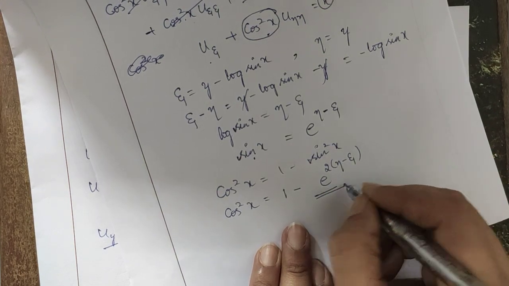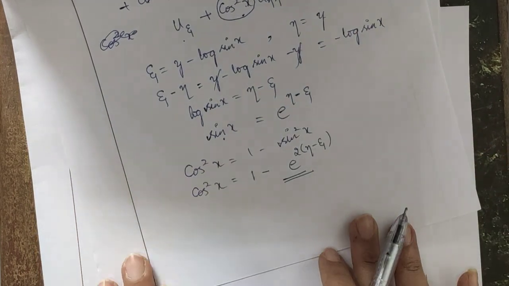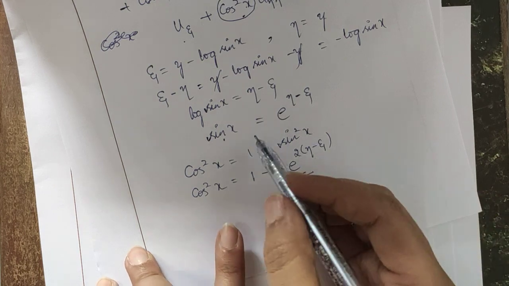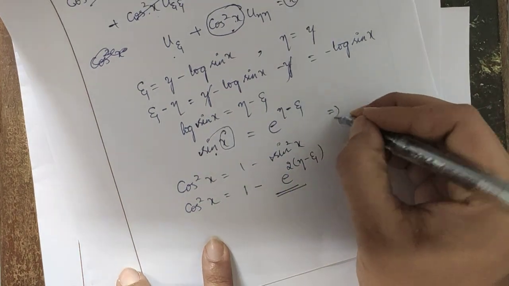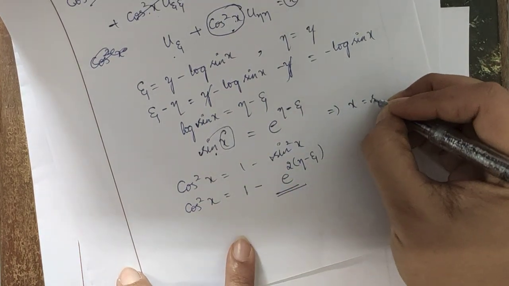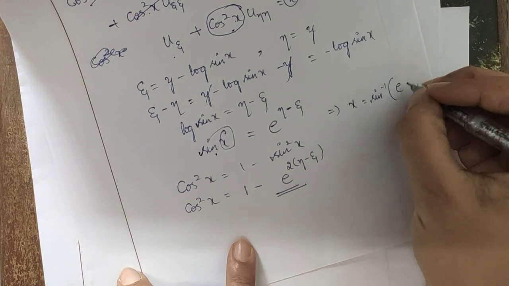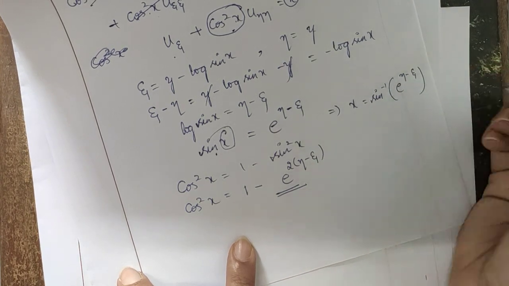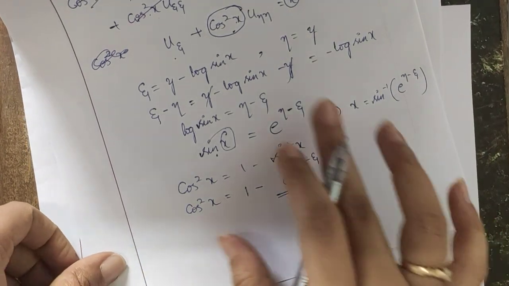So substitute this here and the value of x will be sin inverse of e power eta minus xi, right? So substitute all these values here.